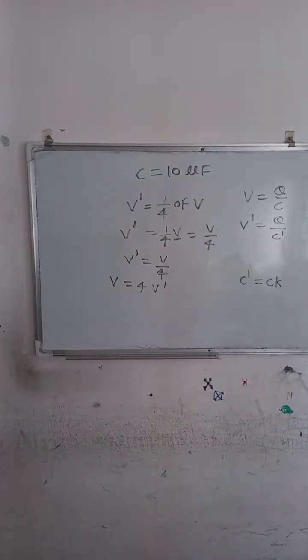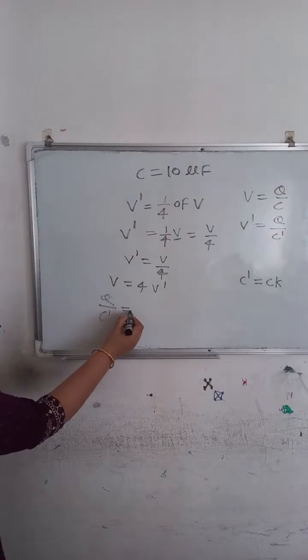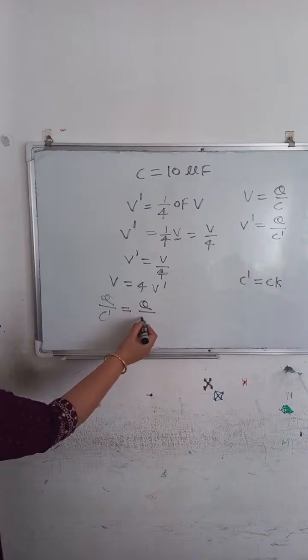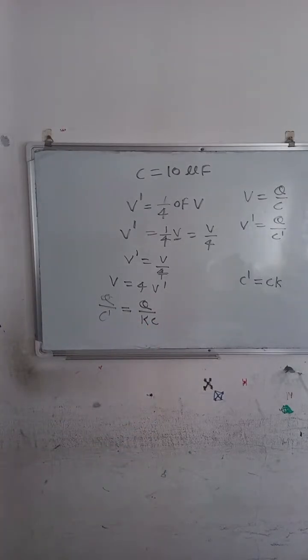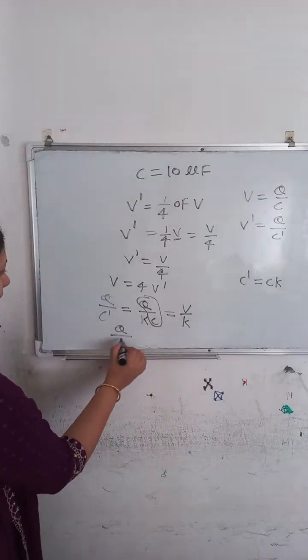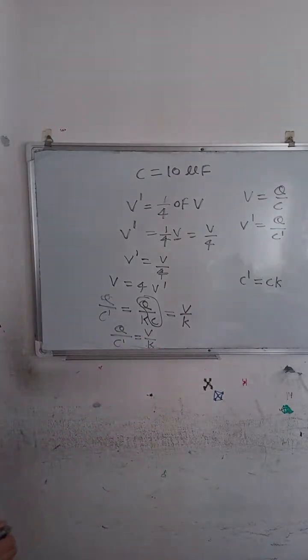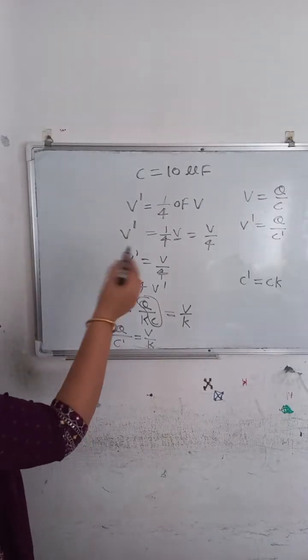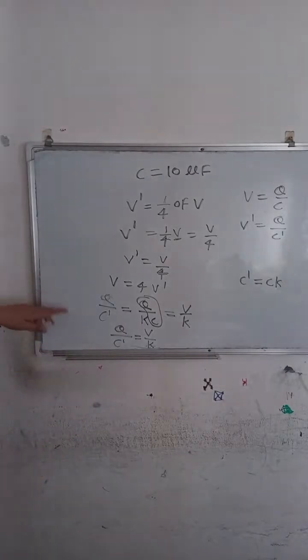Yes, what kind of adjustment can we do? If we write Q upon C dash is equal to Q upon K times C, this results into V by K. This is nothing but V by K. That means Q upon C dash is equal to V by K, and V is nothing but Q by C. You just copy this up to here.